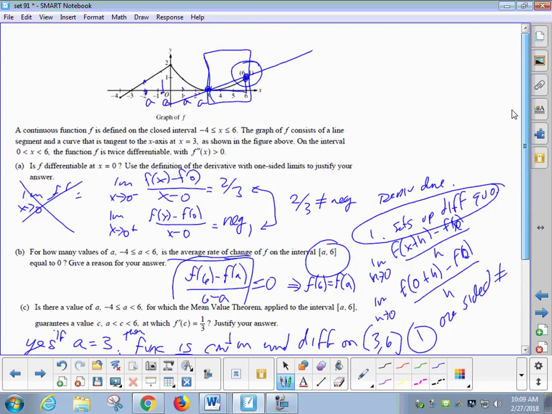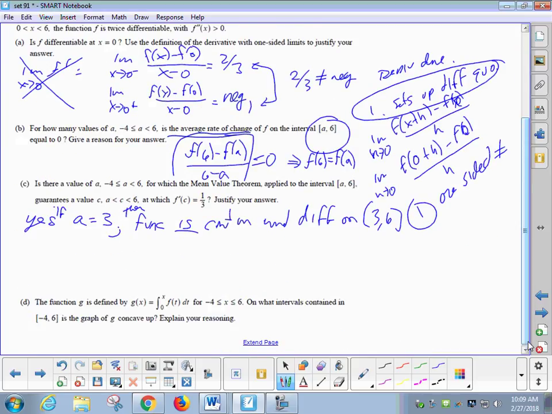Okay, I understand there's a sharp turn there, but on the subinterval 3 to 6, you're cool, right? So it is continuous and differentiable on the 3 to 6. So by mean value theorem, there is an f prime, let's see, blah, blah, blah. You get the idea. F at 6 plus f at 3.